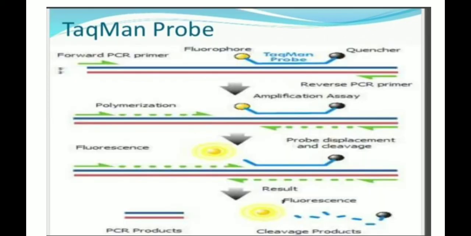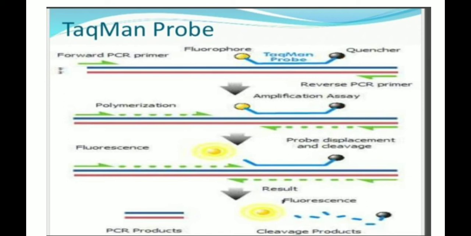Here you can see the TaqMan probe. There is a forward PCR primer, then the fluorophore, TaqMan probe and quencher, and the reverse PCR primer, like 5' to 3' or 3' to 5'. Then there is amplification, polymerization and fluorescence. How does it act? Like probe displacement and cleavage.